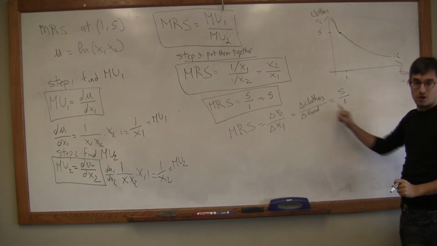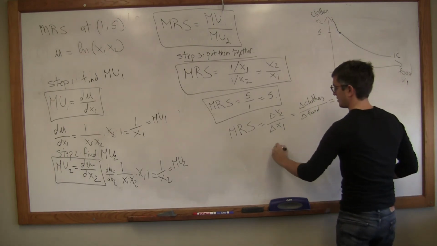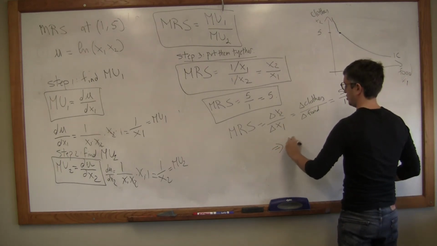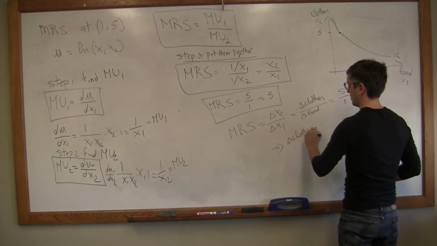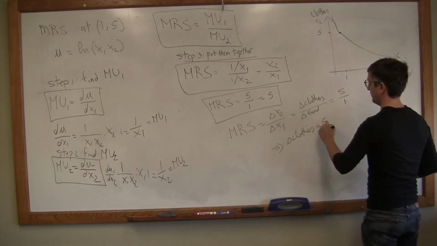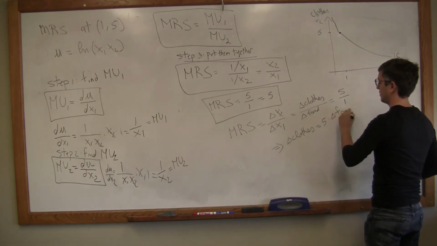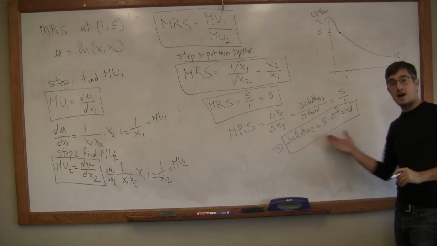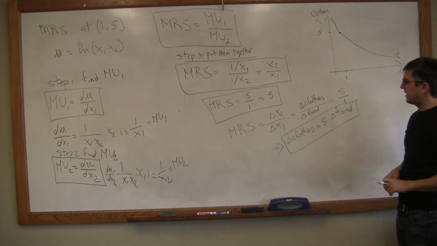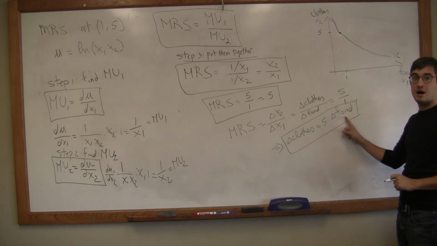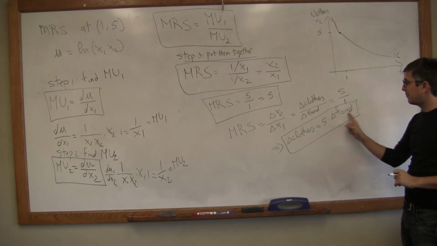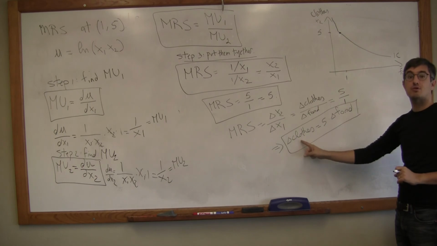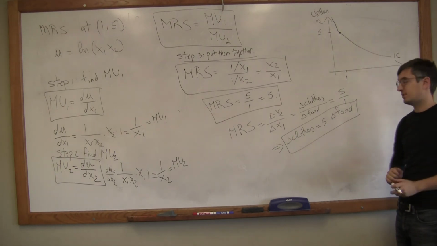We know that this ratio is equal to 5 divided by 1. So let's cross multiply, and we get that the change in clothes is equal to 5 times the change in food. Now you can see the meaning: if I want to change food by any amount, I multiply that change by 5 to get the number of clothes that I'm willing to give up.